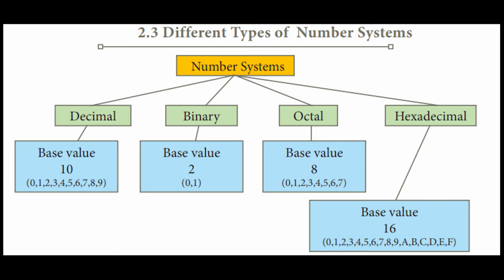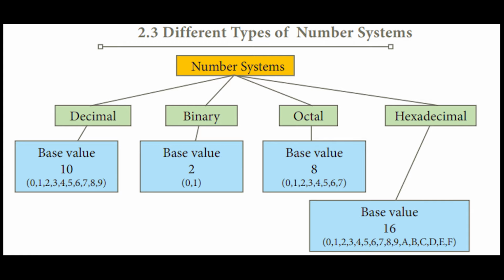Here we saw that the base value of decimal is 10. Binary means it is 2. Octal means we saw that it is 8 and hexadecimal means it is 16, right? So this base value is based on the number of digits in that particular number system.